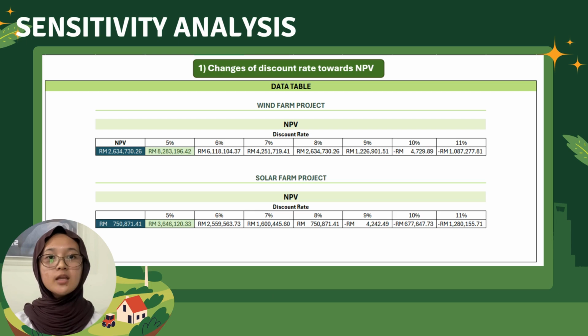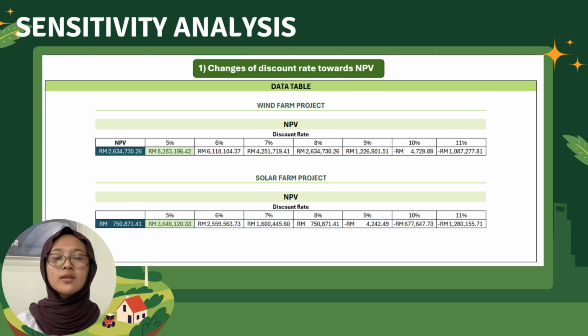At 7% it dropped further, and at 8% it continues to decline. At 9%, it reduces to RM1,226,901.51.